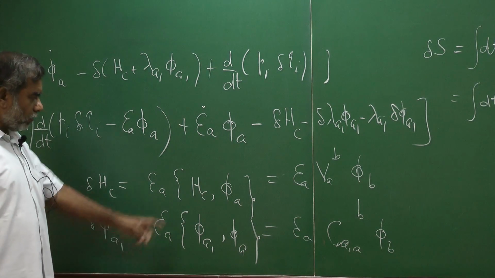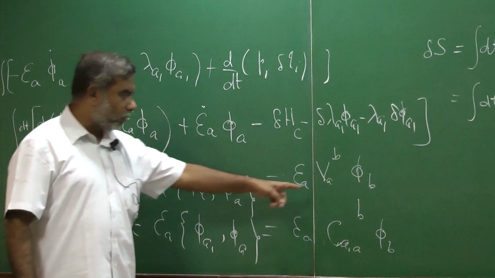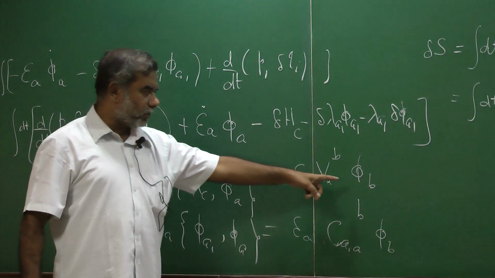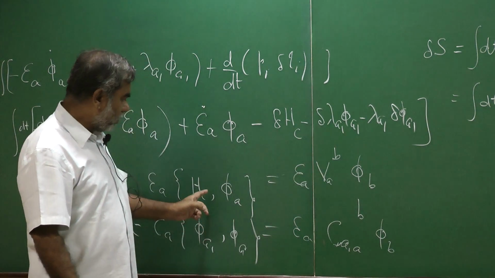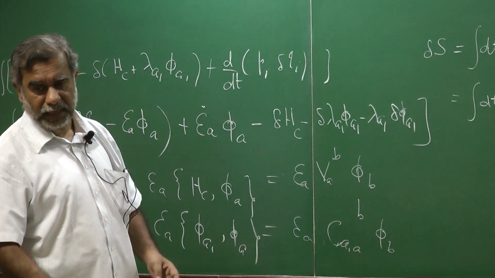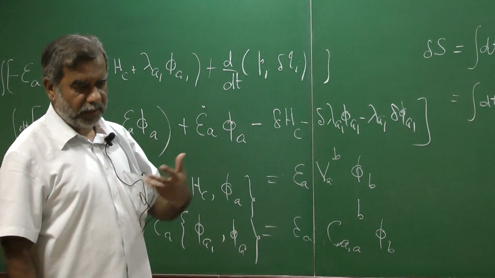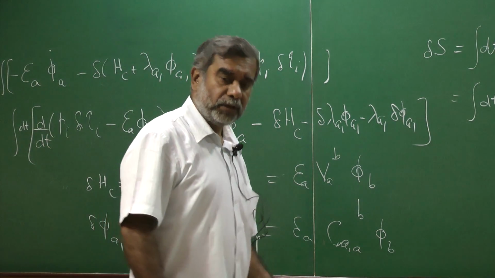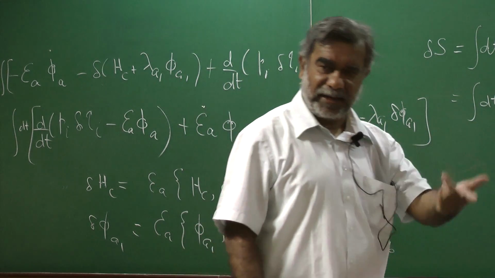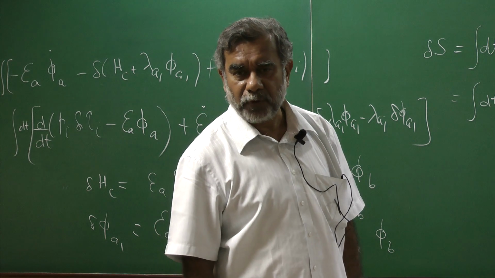When you take the bracket with the Hamiltonian, it must always give me something which is back to a constraint. Why? Because the total Hamiltonian is HC plus the primary constraint, and the constraint with the total Hamiltonian, the bracket, is phi dot. That has to be proportional to a constraint. You get the point?